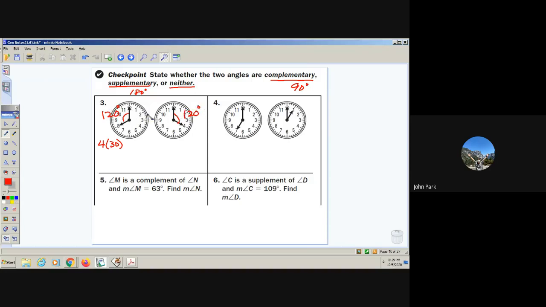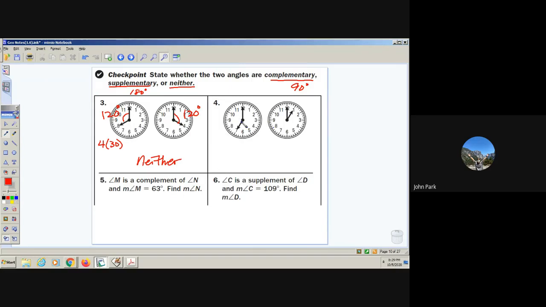So they're congruent, because they're both 120 degrees. But they're not complementary, obviously, because that's 120 and 120. And they're not supplementary, because 120 plus 120 is 240. So it is neither, right?